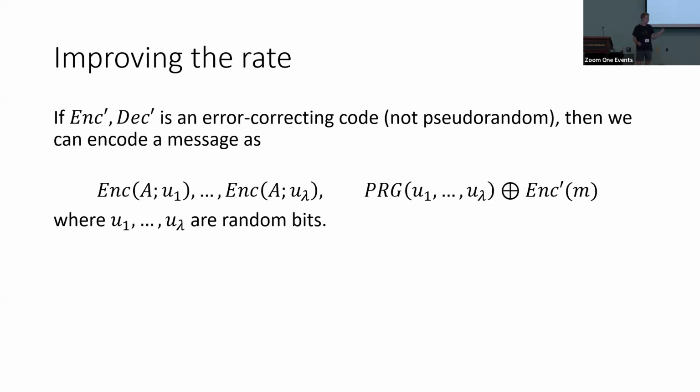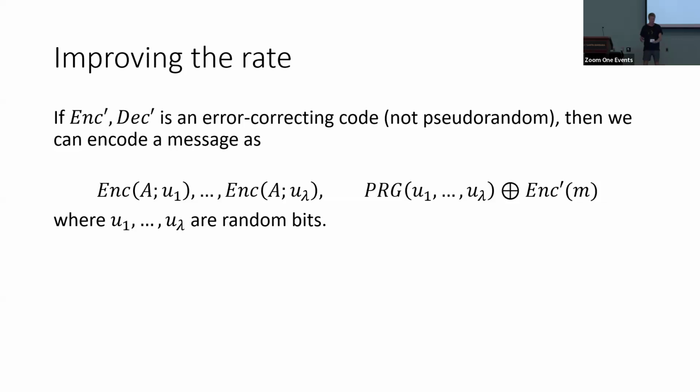It's natural to wonder how you encode longer messages. Well, we sample a random string U of security parameter many bits, U1 through U lambda, and then encode each of those separately with our 1-bit PRC, and then use those random bits, the U's, as a seed for a PRG to one-time pad any classical error-corrected encoding of our message.